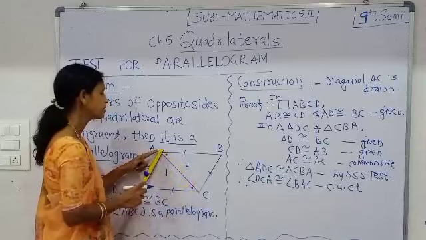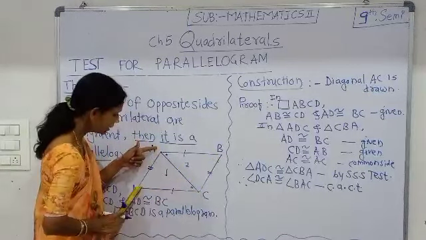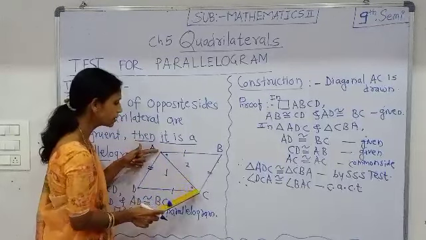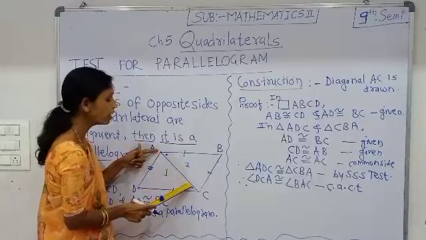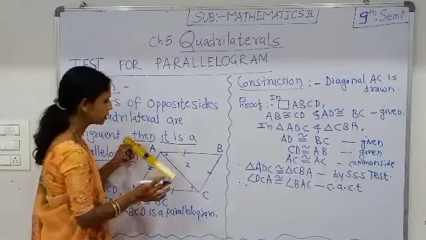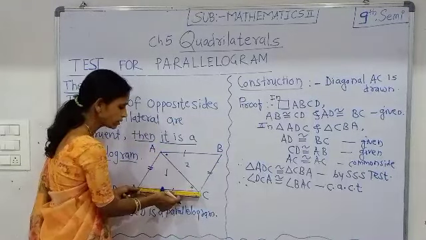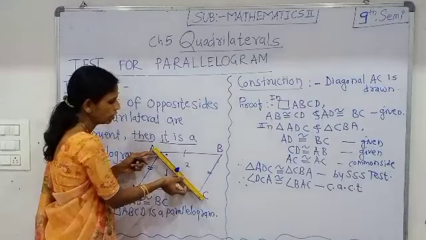Therefore, considering AB and CD, both are parallel lines, and AC is a transversal. Therefore, those two angles are alternate angles. See here, AB and CD lines, of which AC is a diagonal.